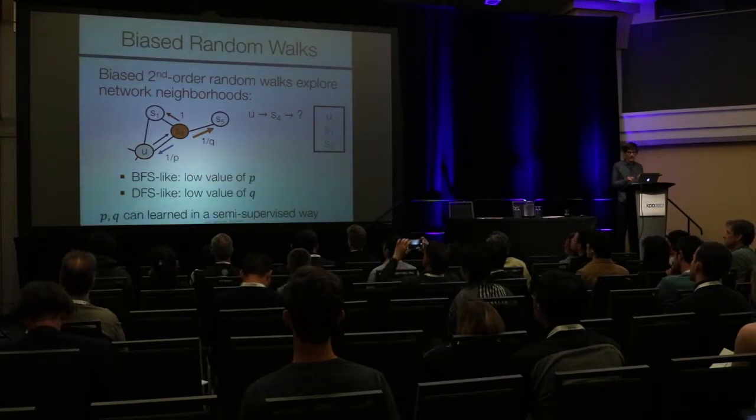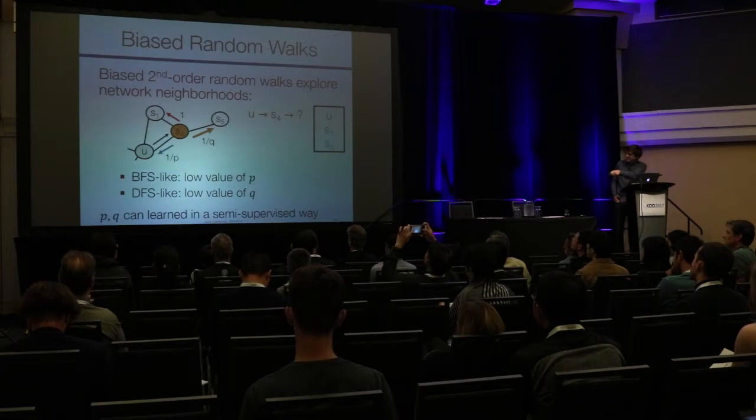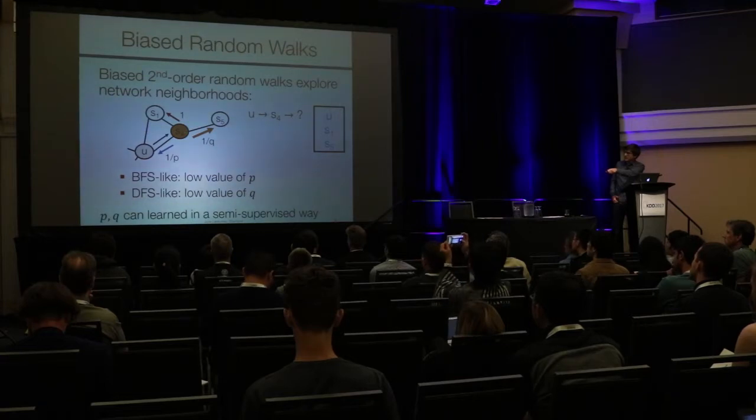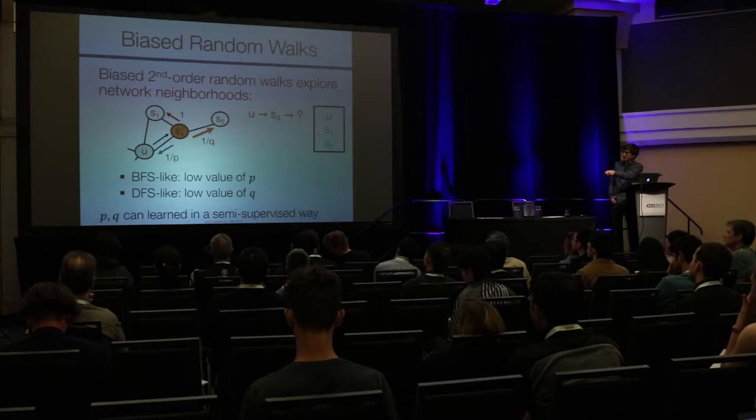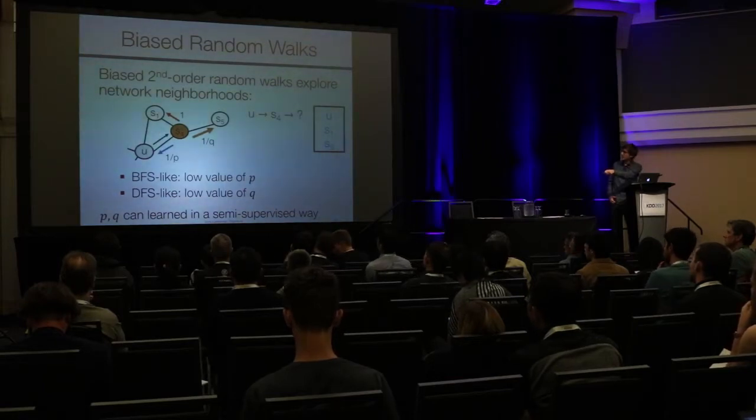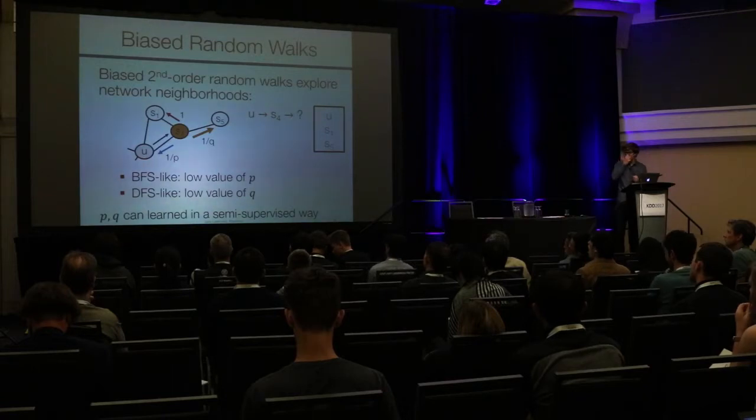Then, according to the values of p and q, I set the weights of the edges. The weight of the return edge will be 1 over p. The weight of the edge that points away from the current node, I'll set to be proportional to 1 over q, and all the other edges will have weight 1.